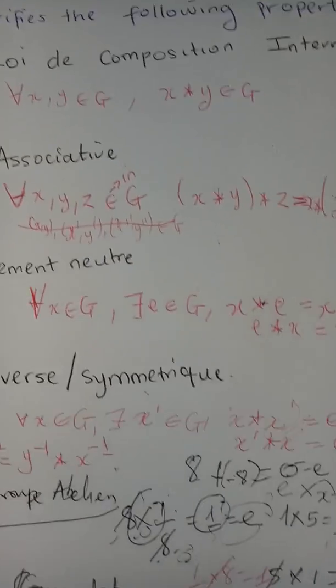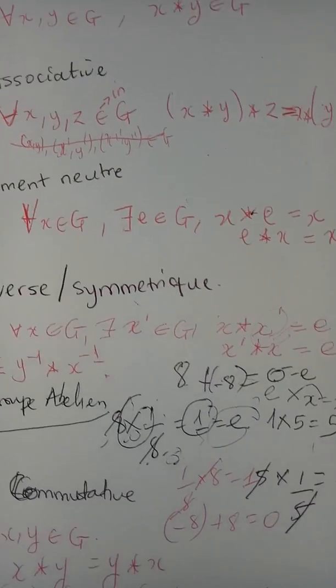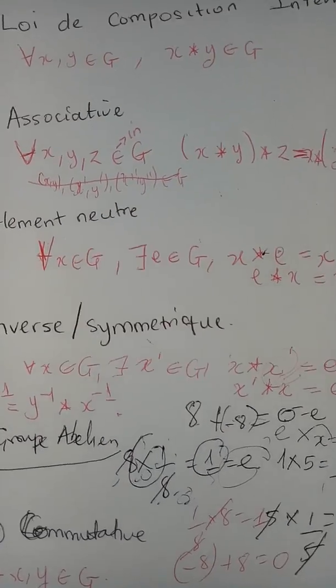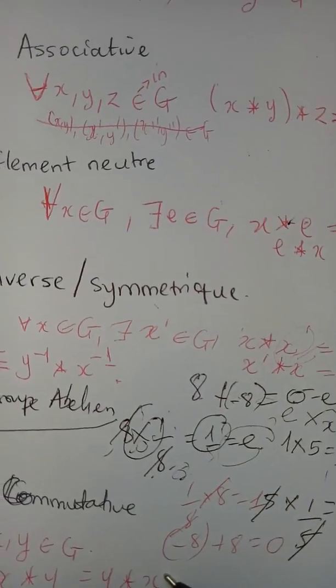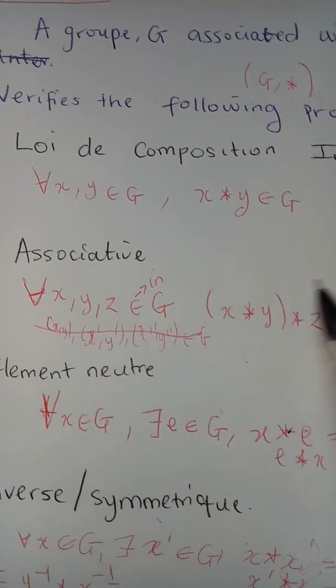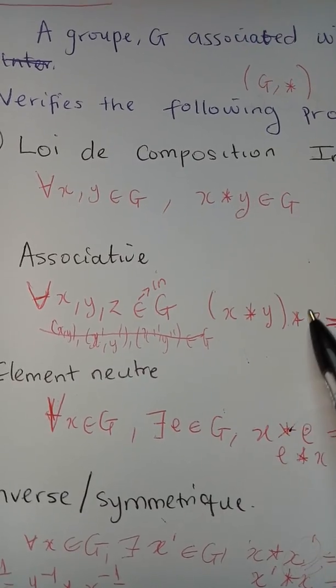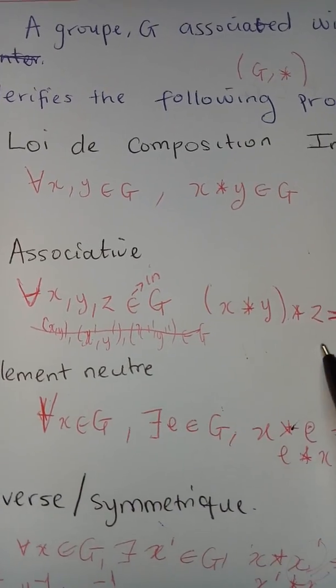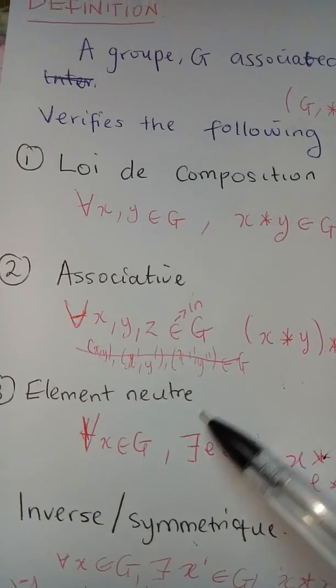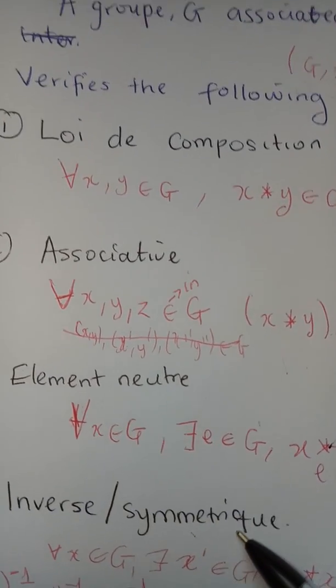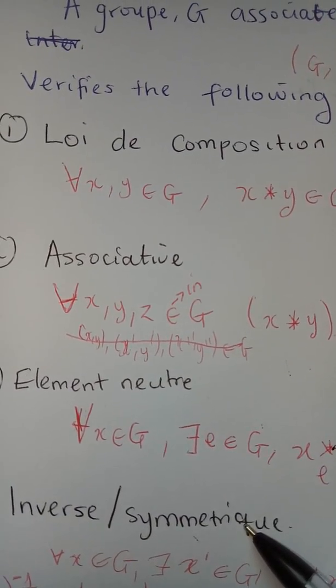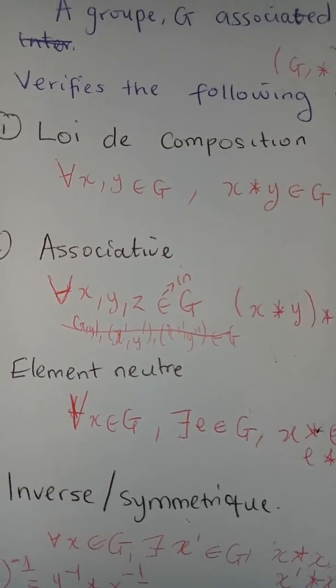If you prove commutativity and find out that it isn't commutative, and then you prove associativity and the same thing happens, there's no need for you to continue proving the neutral element or symmetric, because it's automatically not a group anymore.